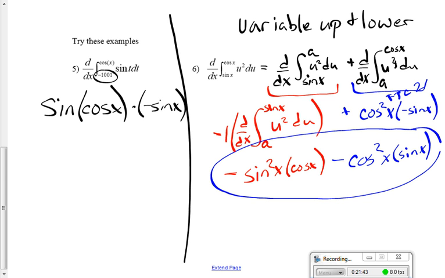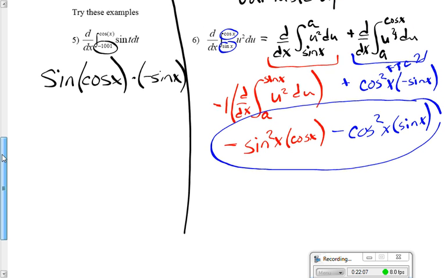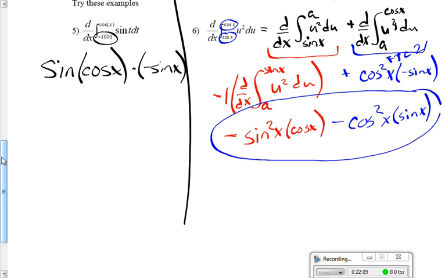What someone 5th hour did was they just evaluated at the upper bound and evaluated at the lower bound and subtracted. That's like FTC version 2 with FTC version 1 in the same problem, isn't it? So if I let u be cos x, I would have cos squared x, but then I apply the chain rule piece, negative sine x.